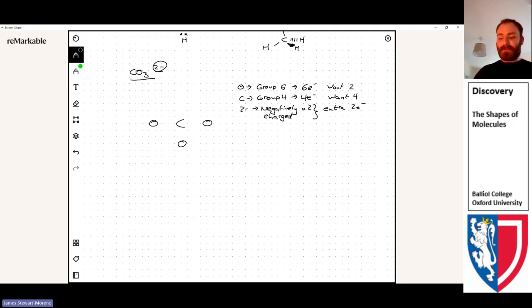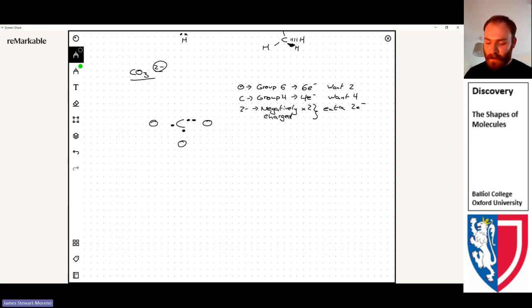Okay, so if I start out at the carbon this time, so if I say carbon has got 1, 2, 3, these are going towards the oxygens. In order to make the carbon happy, we're actually going to need to make one of these into a double bond, like this.